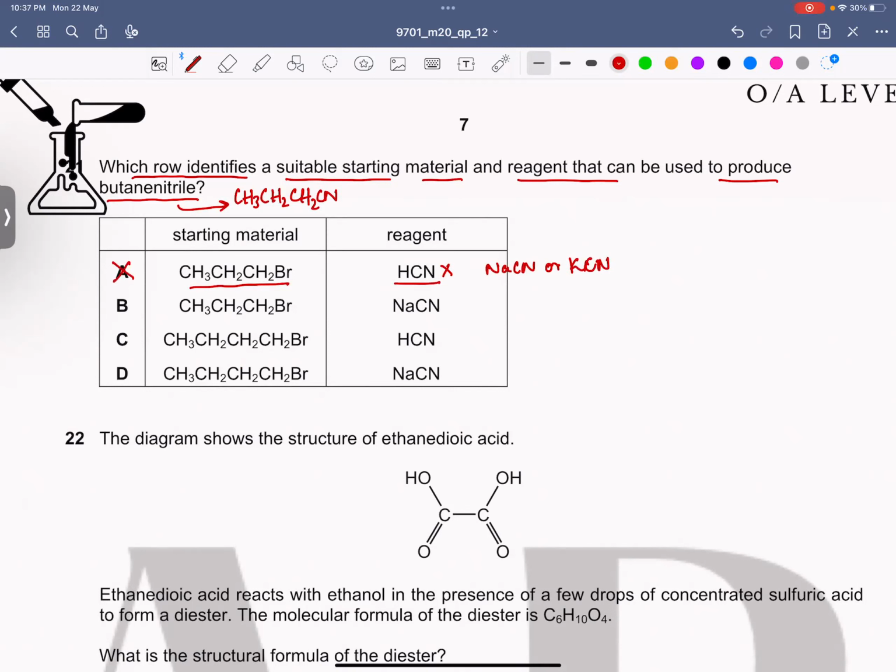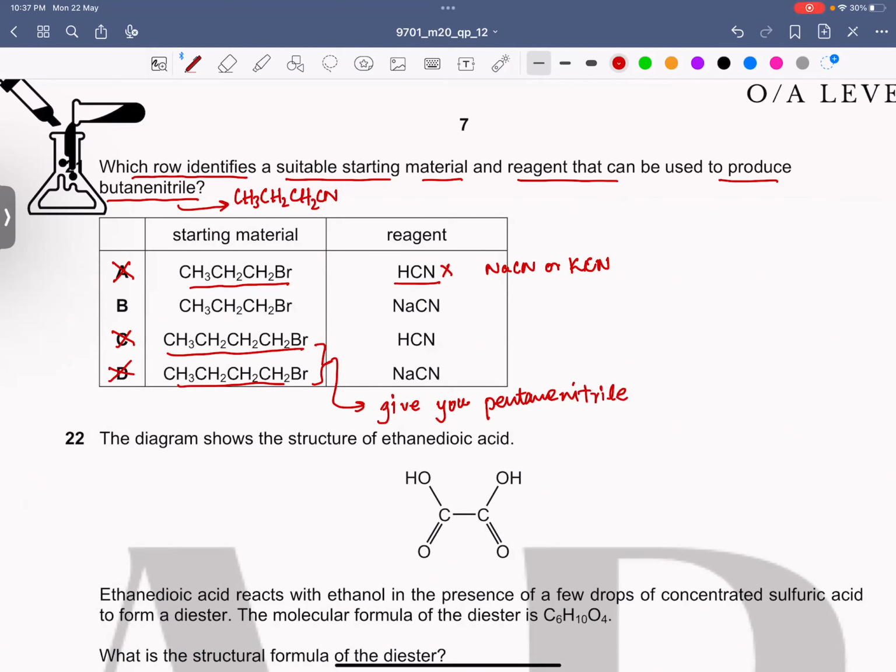Here, if you look, these two are completely wrong. Why? Because they already have 4 carbons, and if we substitute a CN, instead of butane nitrile we will get pentane nitrile. So these two are going to give you pentane nitrile, a 5 carbon compound, and we need a 4 carbon compound.